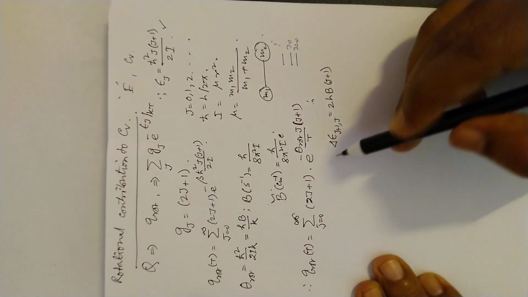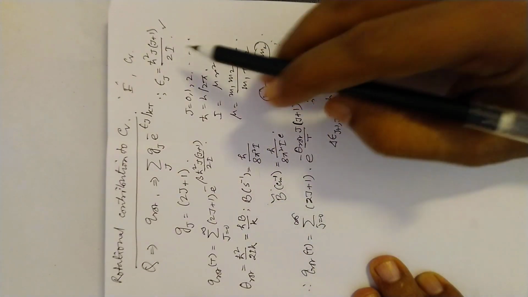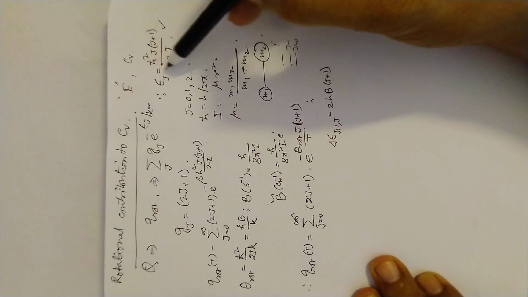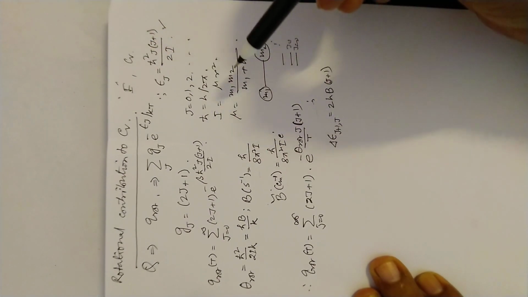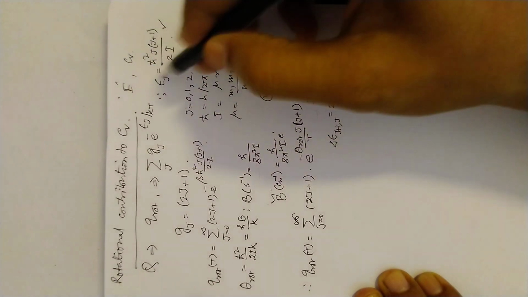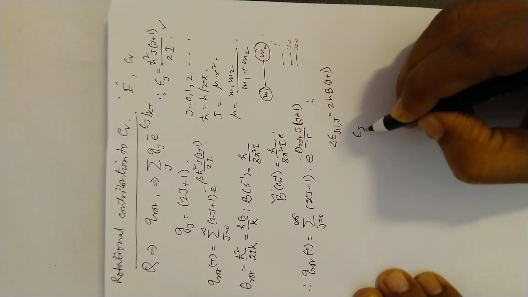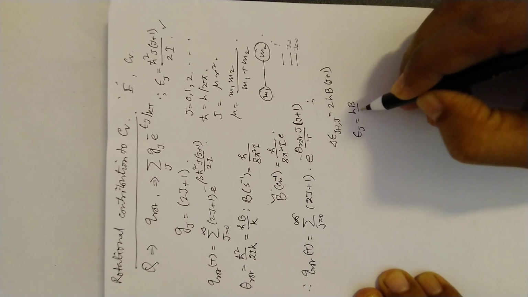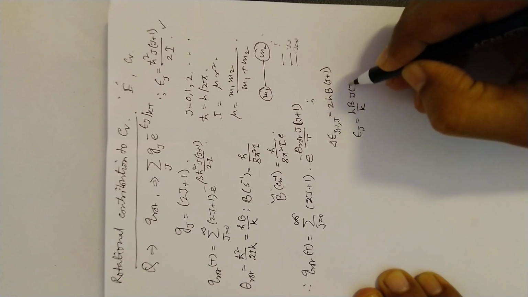How do you get that? You get it from this expression, because this part h square B can be written as hB by k, so epsilon j is nothing but hB by k, j into (j plus 1).